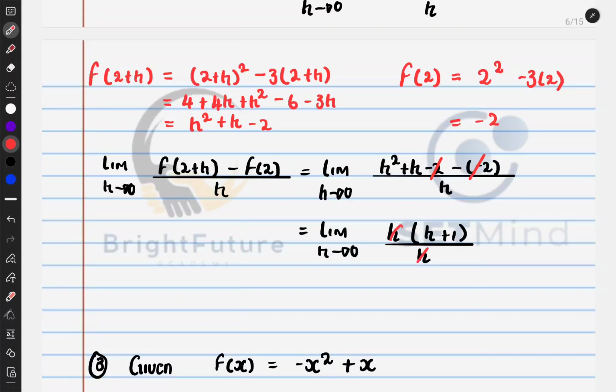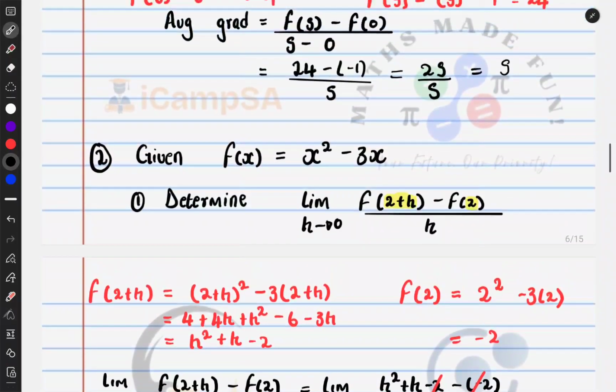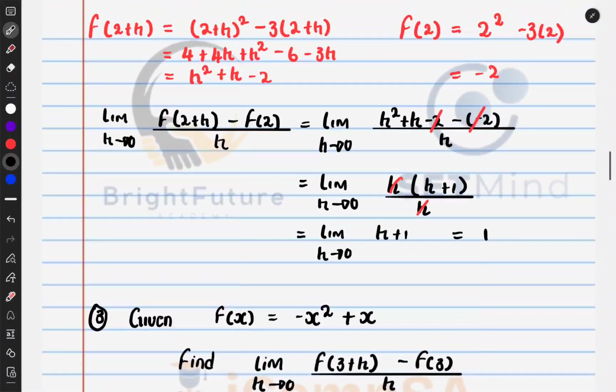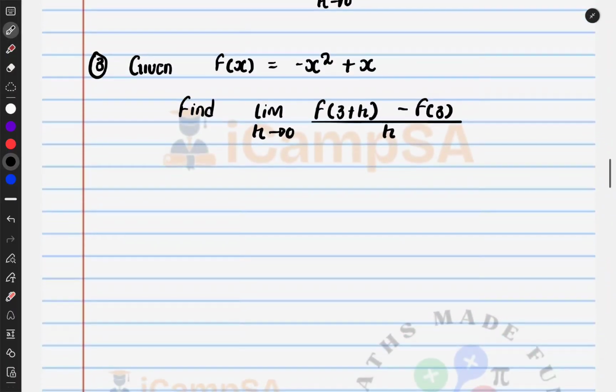The h in the numerator will cancel the h in the denominator, and then next we'll be left with the limit as h approaches 0 of h plus 1, and then we equate h to 0, therefore this will be equal to 1. That's the limit as h approaches 0.